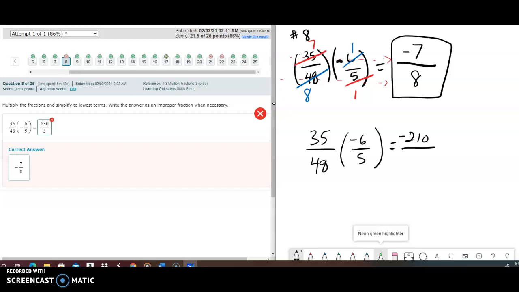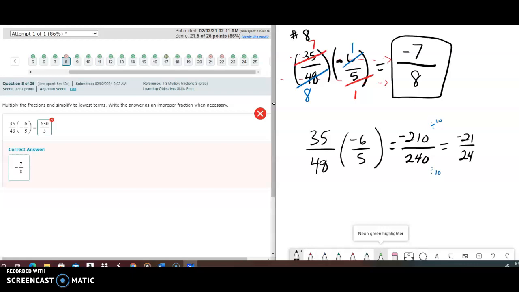And don't forget the negative sign, because this was a negative 6. Then from here, I would have to say, okay, both of these are divisible by what number? Well, I know I could divide out a 10. You don't normally write the 10, I'm just writing it to show you what I'm thinking. So dividing both of them by 10, I'd get negative 21 over 24.